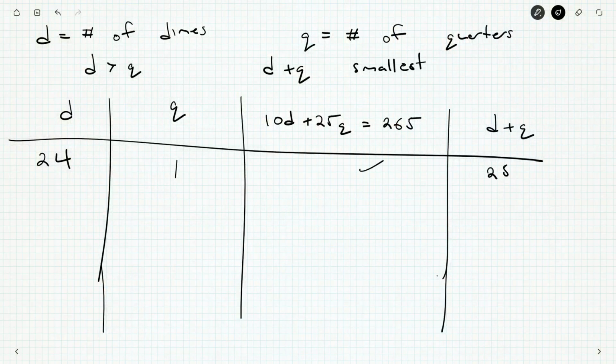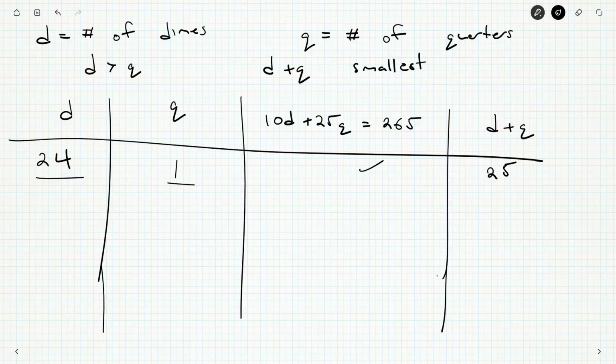We have 25 here. Now, we could mess about and say, well, what if you had 2 quarters and so forth? But once we have one combination like this, ask yourself, well, how many quarters do I need to make something that can be expressed as dimes? If I have 1 quarter, I can't just write that in terms of dimes.